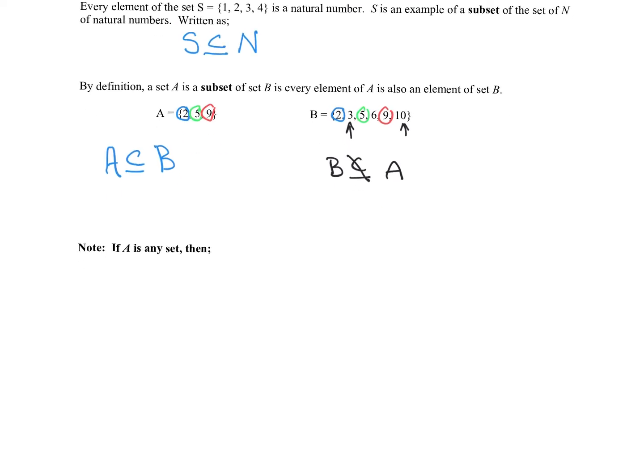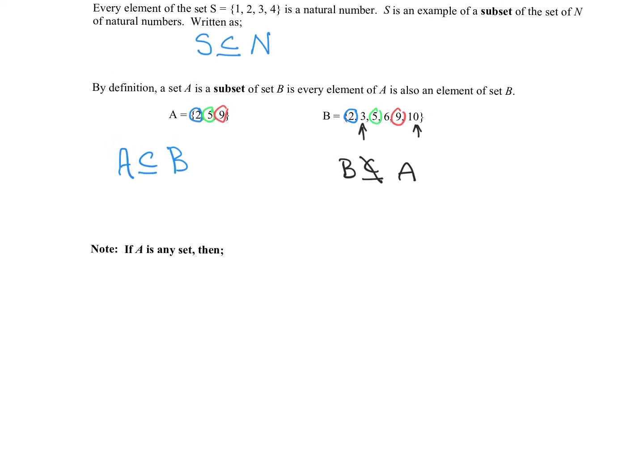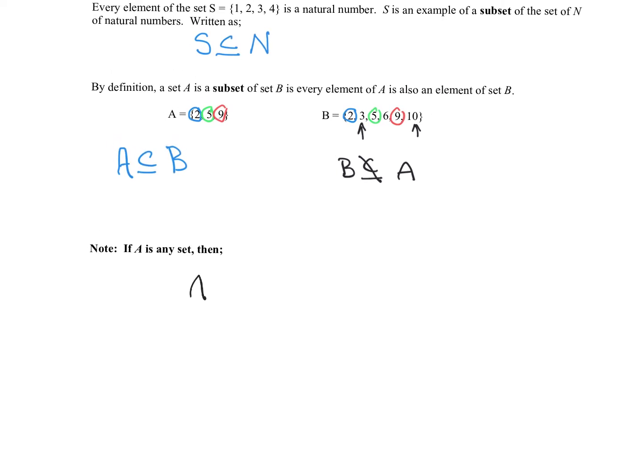So if we have some set A, these two statements are always true. A is always a subset of itself because A can always be contained within A. And the null set, the empty set, the thing with nothing, is also a subset of A.